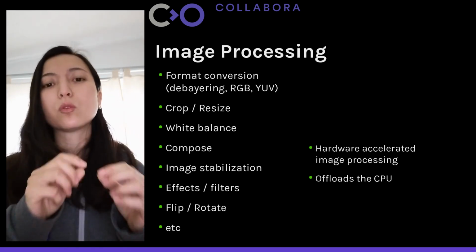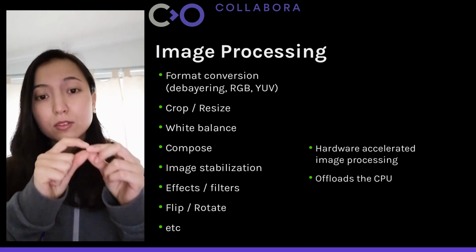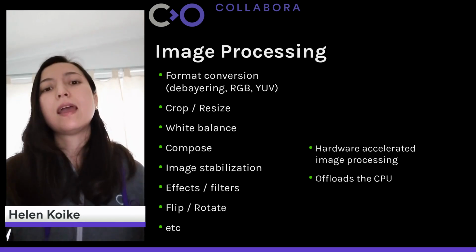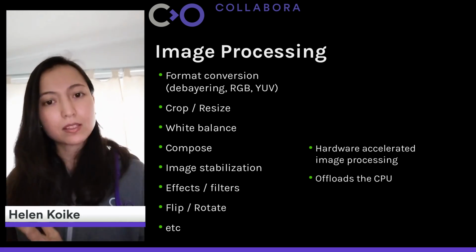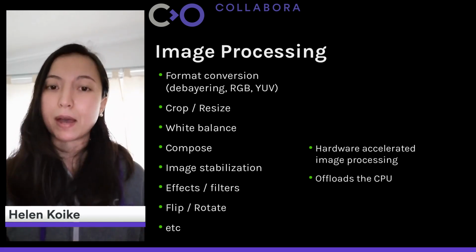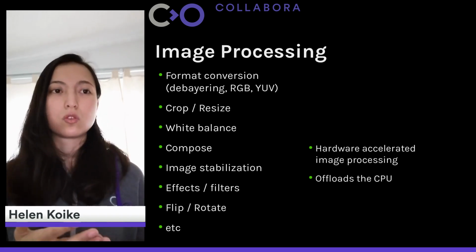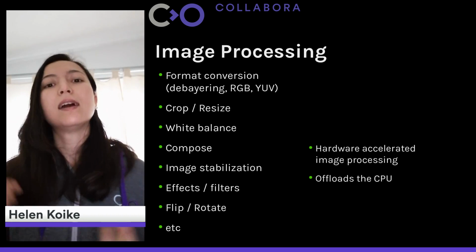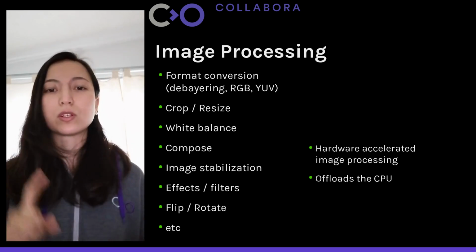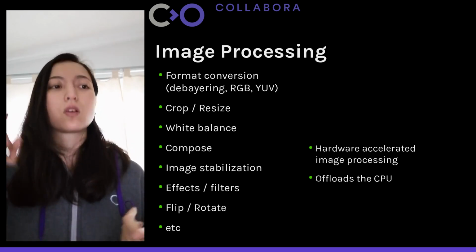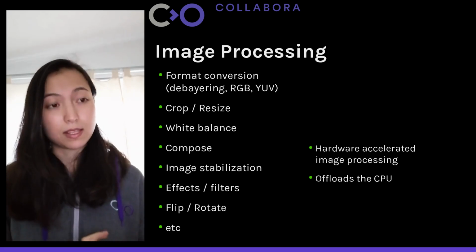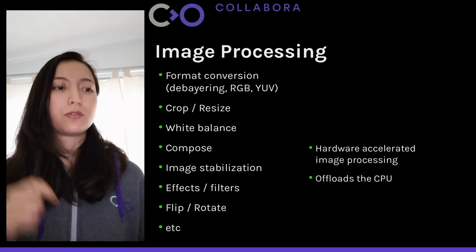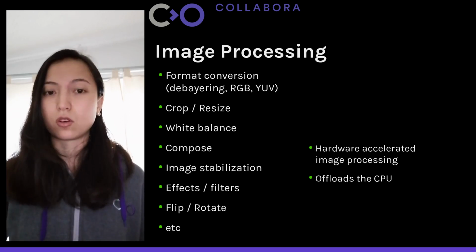The format with all those small color readings is what we call a Bayer format, and transforming it into actual pixels is the process that we call debayering. We can also convert to RGB, YUV, and several others. An ISP can also perform crop, resize, white balance, compose, image stabilization, effects, filters, flip, rotate, and several others.